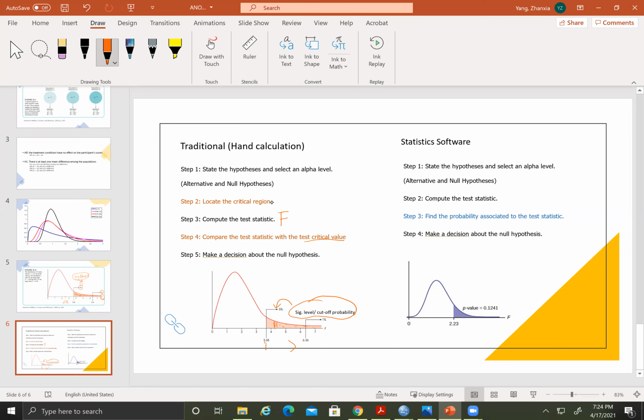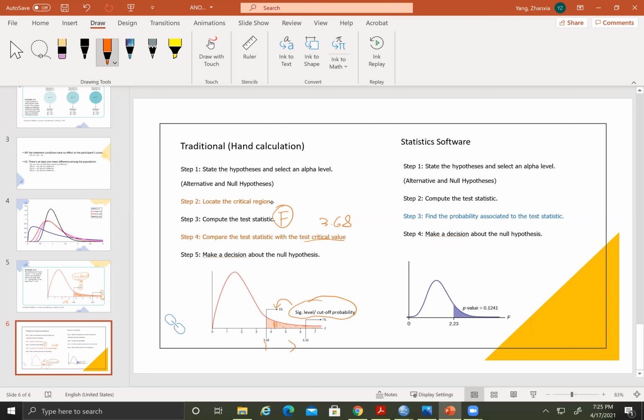This F is calculated, and remember that's the variance between divided by the variance without the treatment effect.